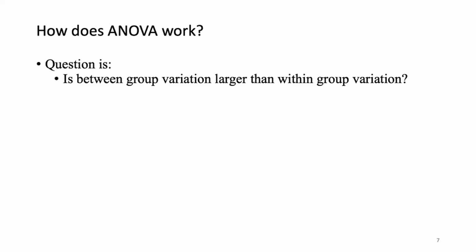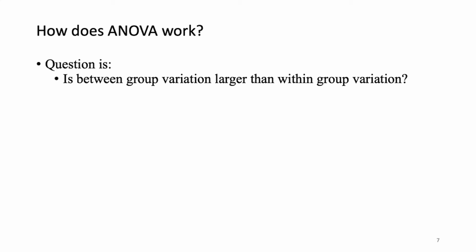So how does ANOVA actually work? The question is: is between-group variation larger than within-group variation? Is the distance between the means of the groups larger than the average distance within the groups? Ideally, we would hope so.